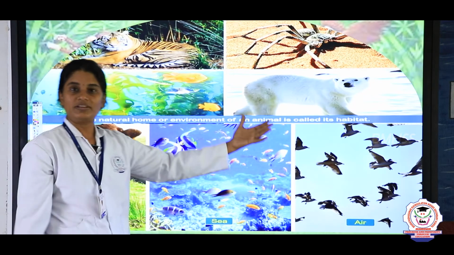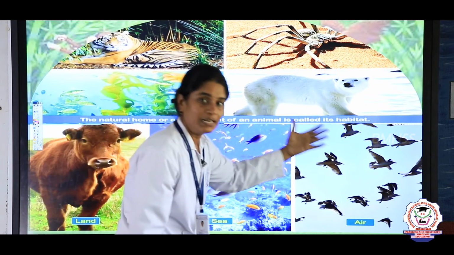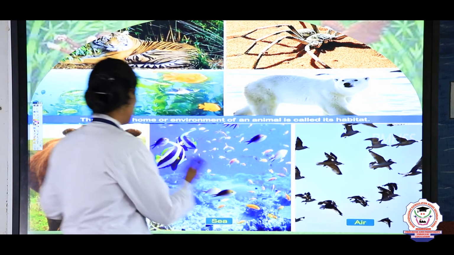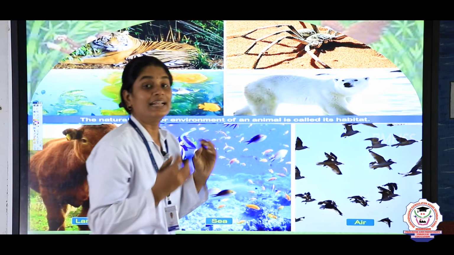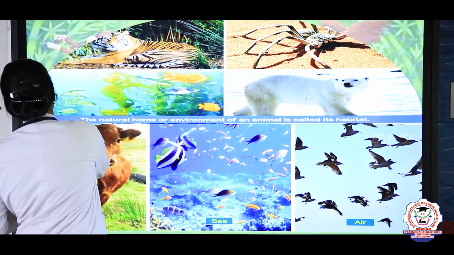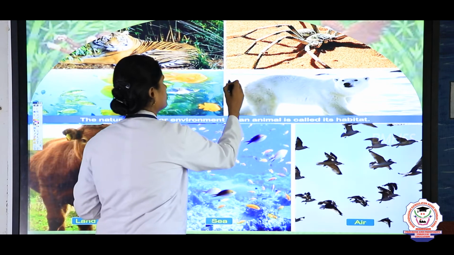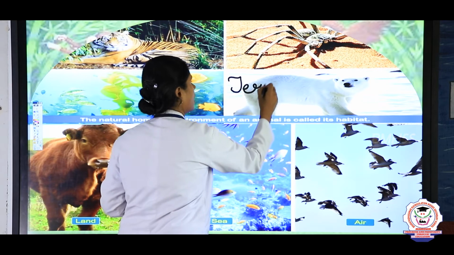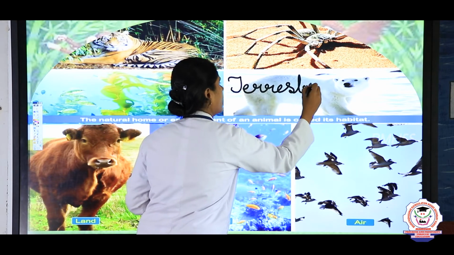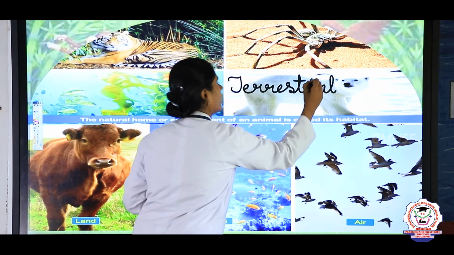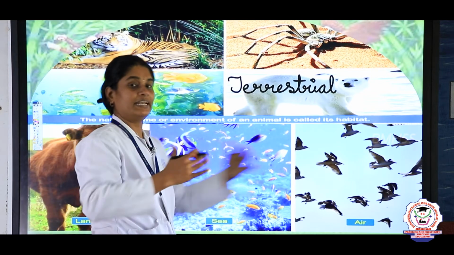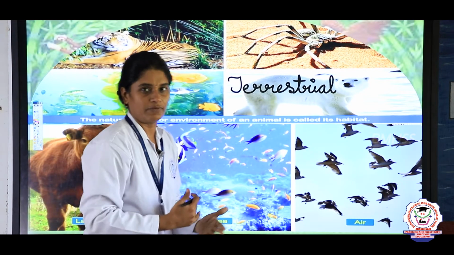So, that is what we discussed, right, the place where an animal lives naturally. Some animals live on land, and they are called terrestrial animals. I hope in your 4th standard you have studied about animals living and surviving in that lesson, right?